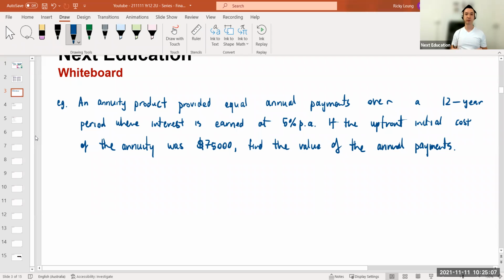Cool. Now, so get this right. I pay them $75,000. Over a 12-year period, they will give me equal annual payments, with interest at 5%.